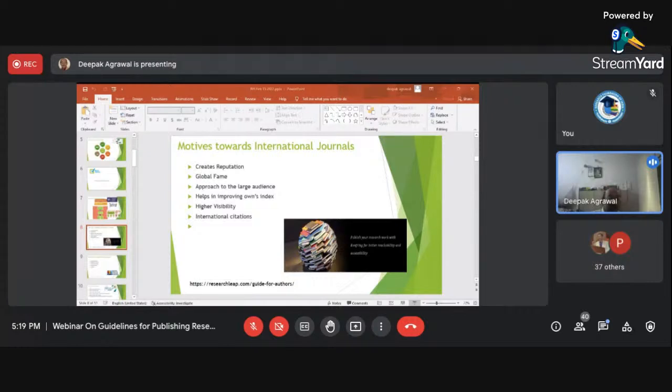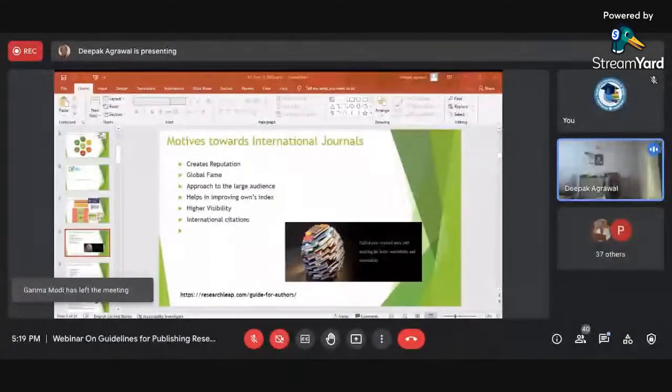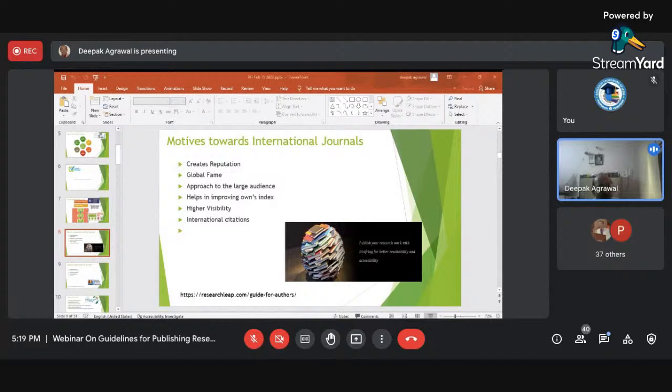A quality journal having a global repute, once your work is published in an international journal, creates a very good repute in your academic fraternity. Secondly, these publications are available and distributed globally, so it provides global fame to us. You may be recognized in a number of countries around the globe. So that definitely provides a better outcome for your results.